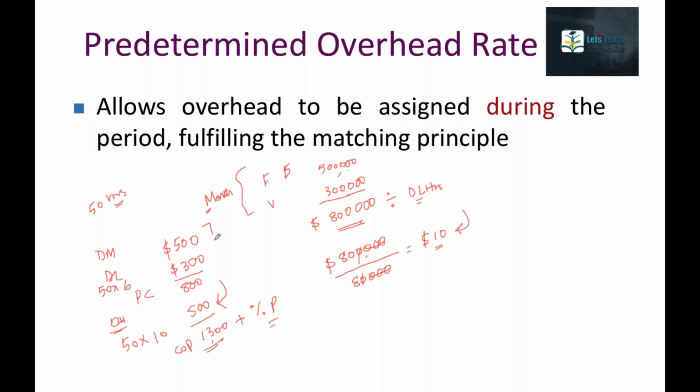Here these are all actuals, plus or minus it will remain the same, but this is the absorbed amount. The absorbed overhead is to be compared with the actual overheads incurred. If this is $500 but the actual overhead is, say, $600, it is under absorbed, it is a loss to us. What does it mean?